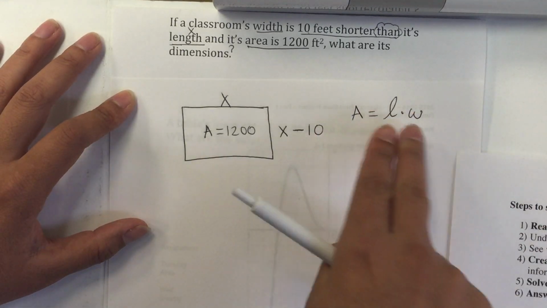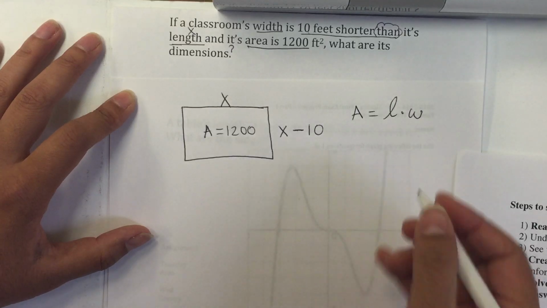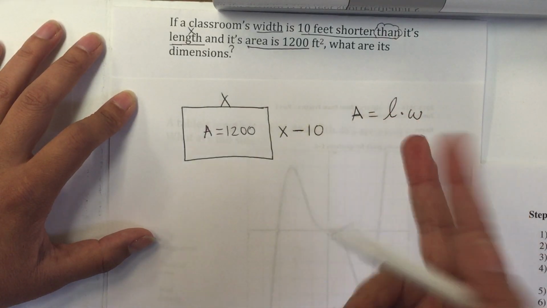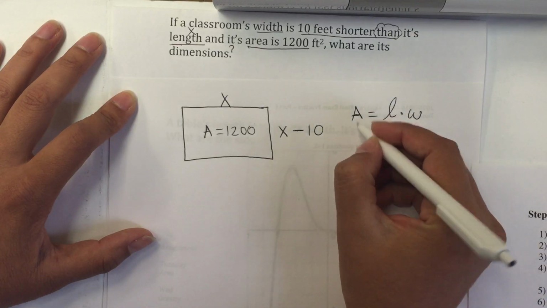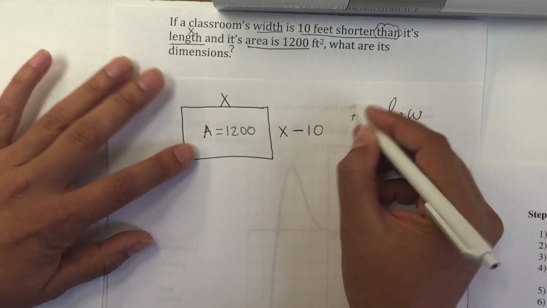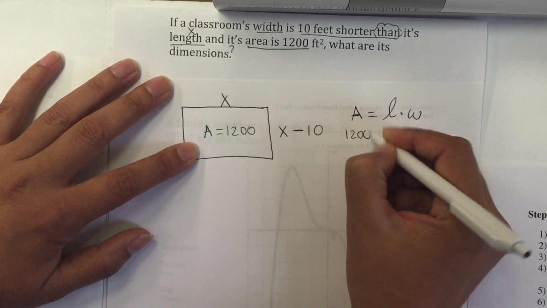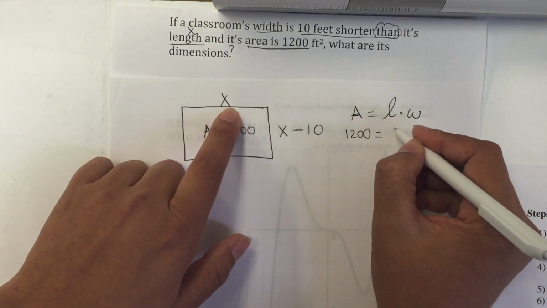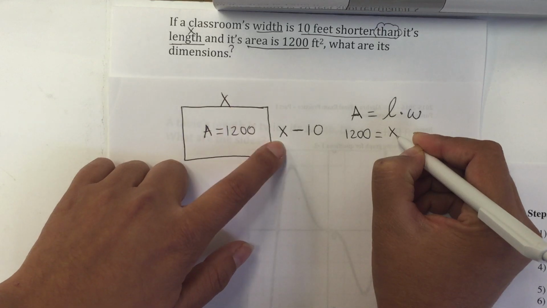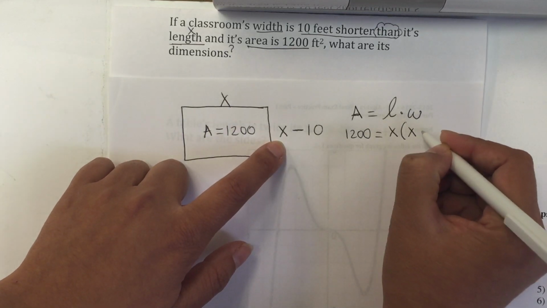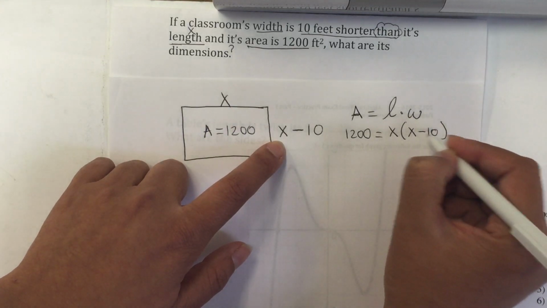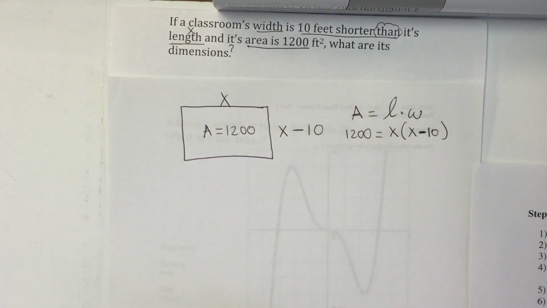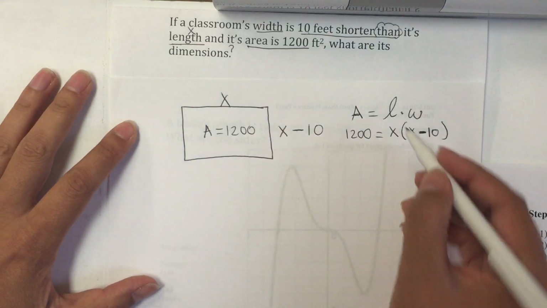It doesn't matter if I put width or length second, because multiplication is commutative, so it's okay. Do I know the area? Yes, I do. Do I know the length? Only algebraically. Do I know the width? Same thing, only as an expression, not the actual length or width of it.